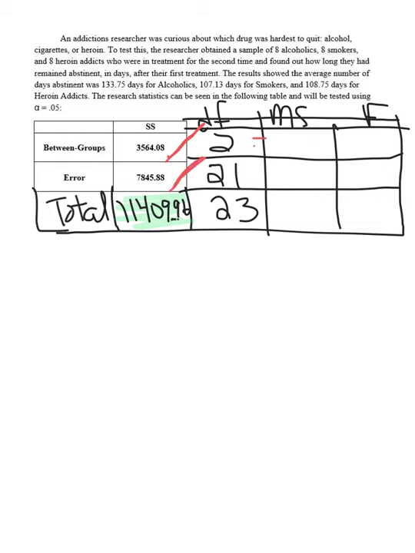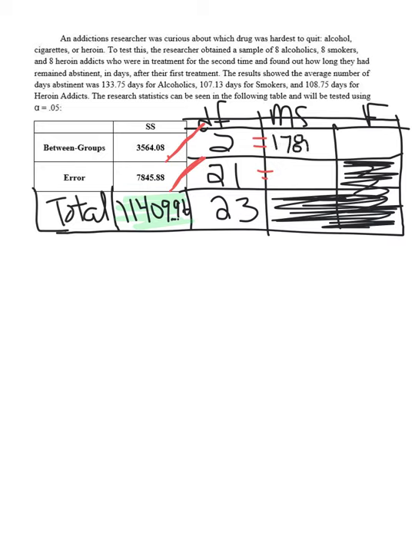An equal sign here and an equal sign here. Because that's really all we're doing. Okay, remember we don't need any of this. So if I do 3,564.08 divided by 2, that gives me 1,782.04 for my mean square.